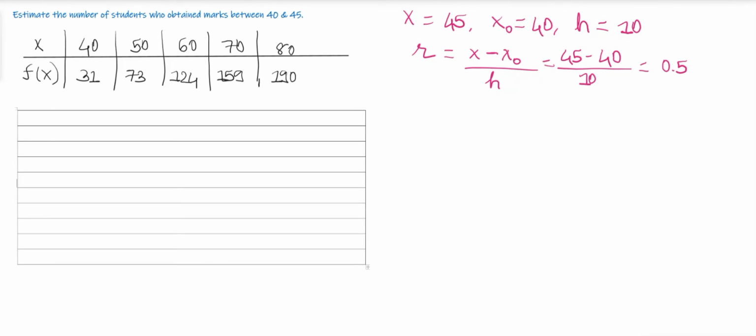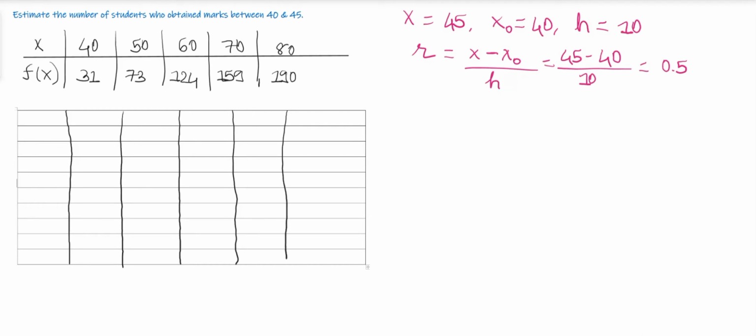Now we'll create a table. Here, as we have 5 values of x, we'll have to go till delta raised to 4 f of x.